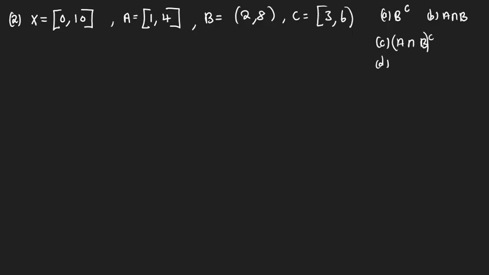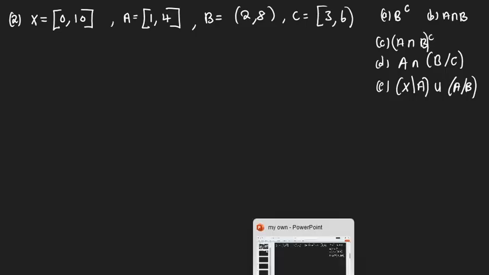D, we have A intersection B slash C. Then E, we have X slash A, union A slash B. Okay.